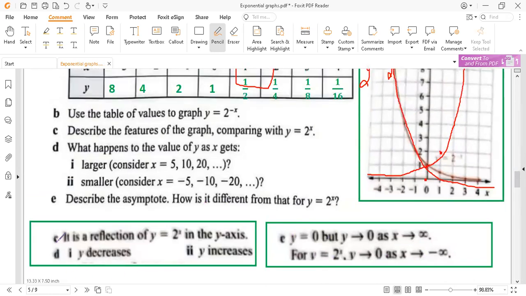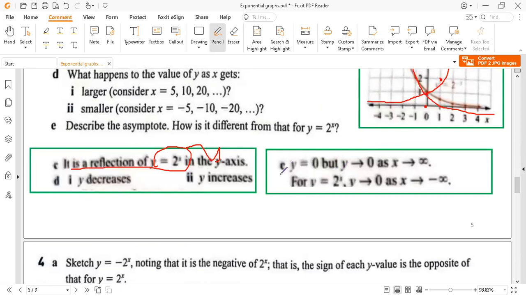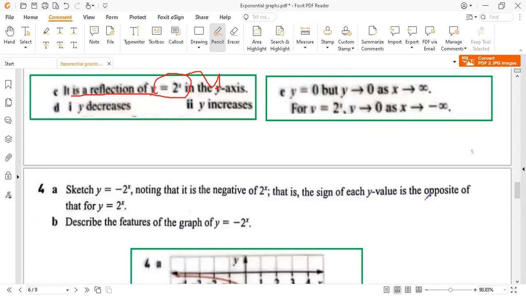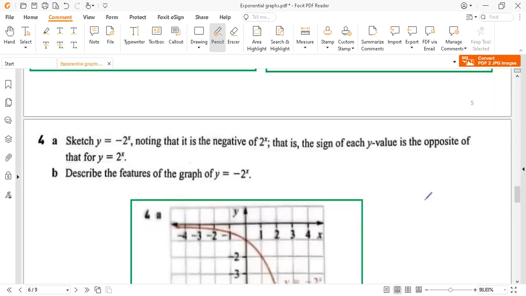It is a reflection of y equal to 2 power x in the y-axis. All these interpretations are related to the graph given above.